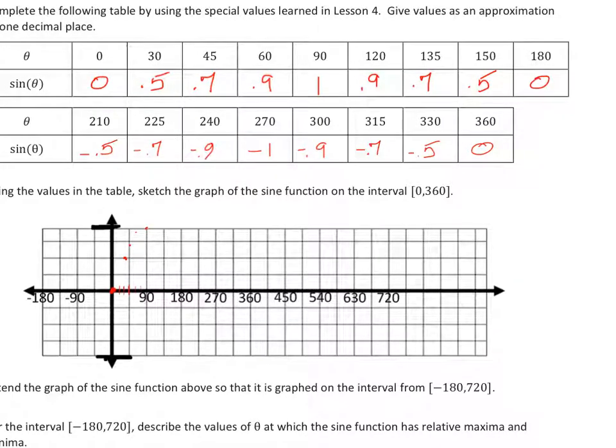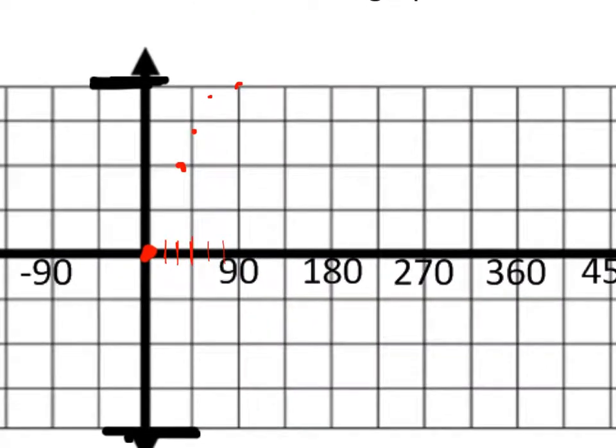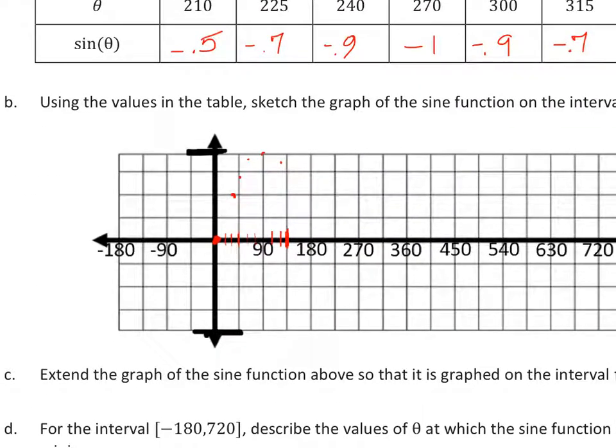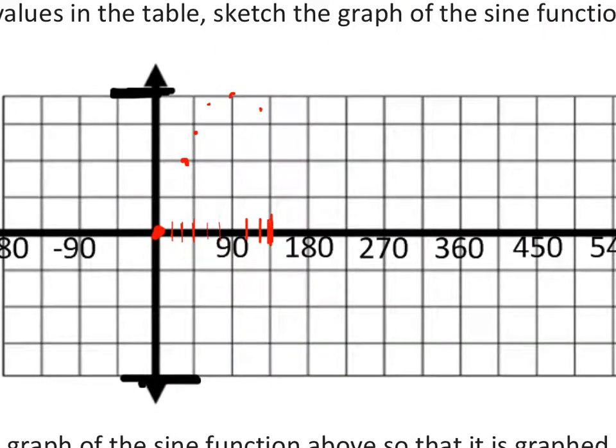We have sine of 120 is 0.9. Now on my graph here, this is 135. So this would be 105 and then 120. So I'm going to make a dot there. And then we have sine of 135 is 0.7. Puts me right on the hash.